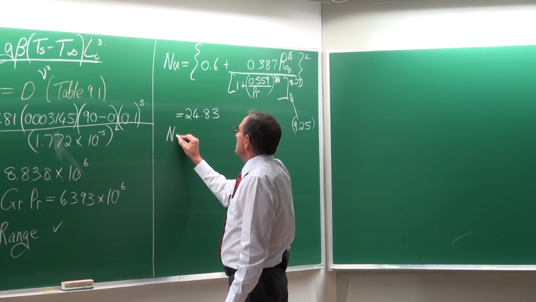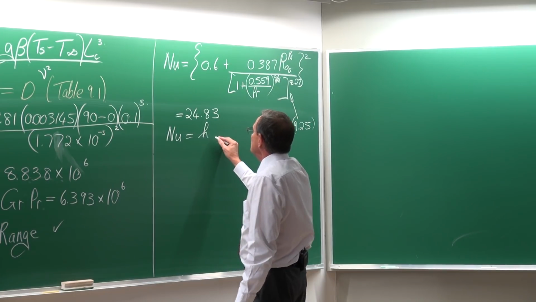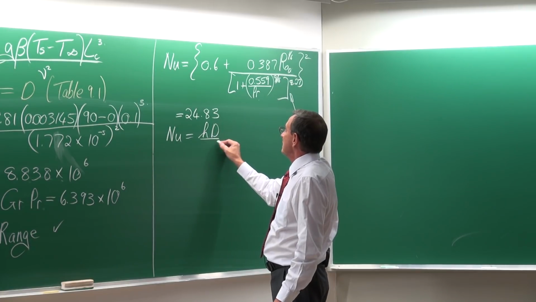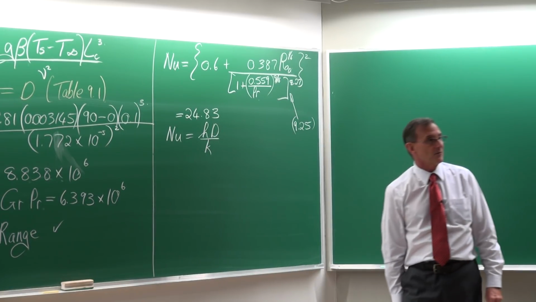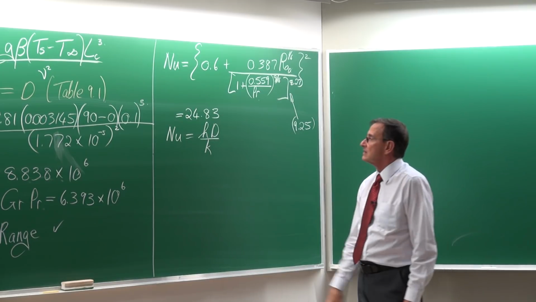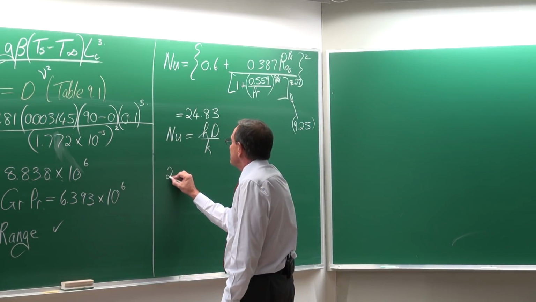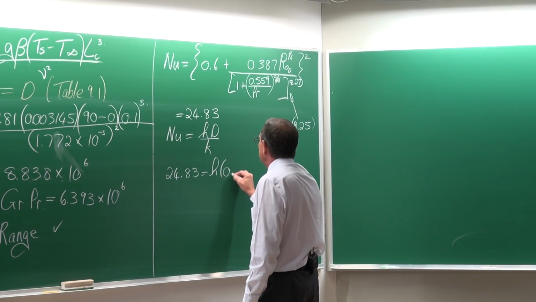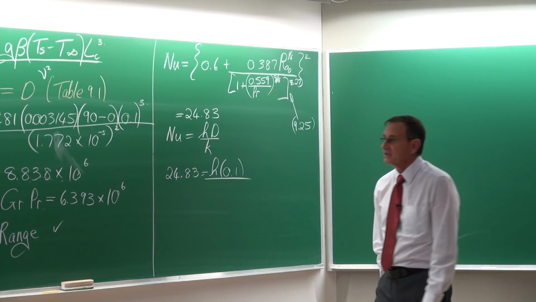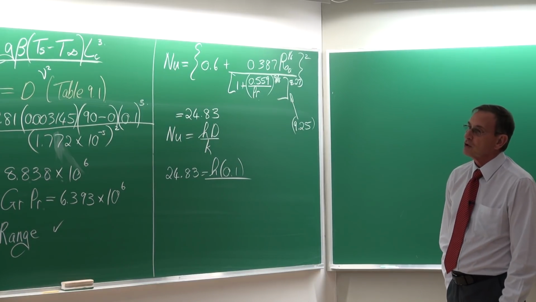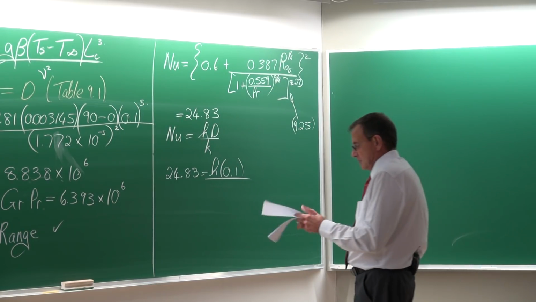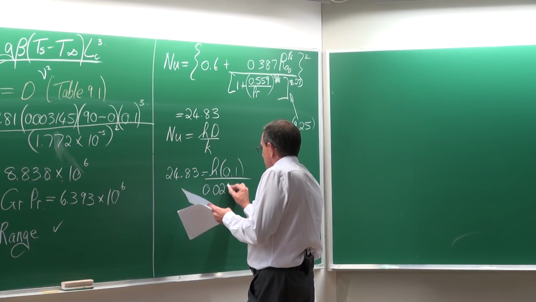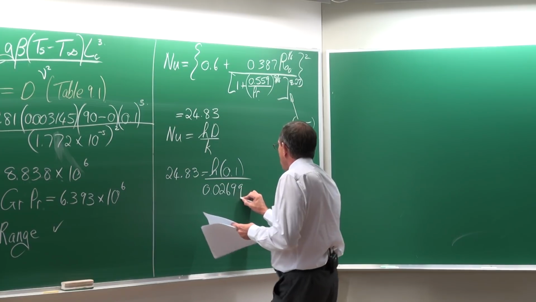The Nusselt number is equal to the heat transfer coefficient multiplied by the characteristic length, divided by the thermal conductivity. The characteristic length would now be equal to the diameter. The Nusselt number, 24.83, is equal to the heat transfer coefficient multiplied by the diameter divided by the thermal conductivity, and the thermal conductivity is equal to 0.02699.